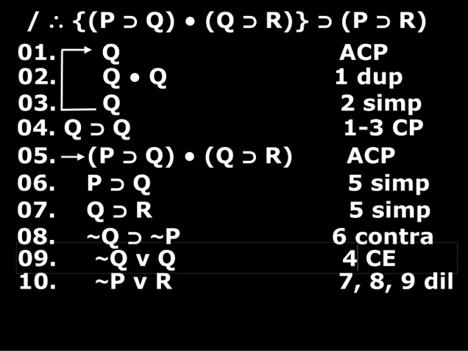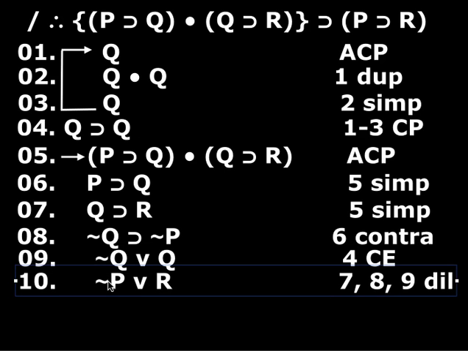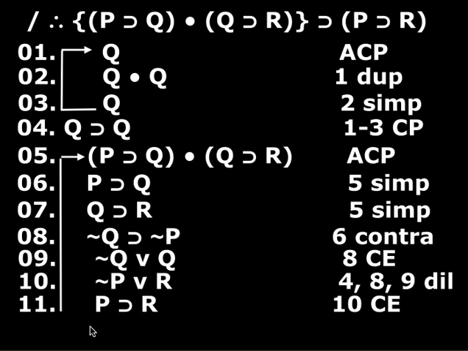Sorry about that. Okay, now notice this is just a conditional exchange away from the conditional I wanted. So I do conditional exchange on line 10 to get that. Okay, let me just correct these again really fast here. That's 4 and that's 7. Okay. Well, now I've derived the consequent I want.